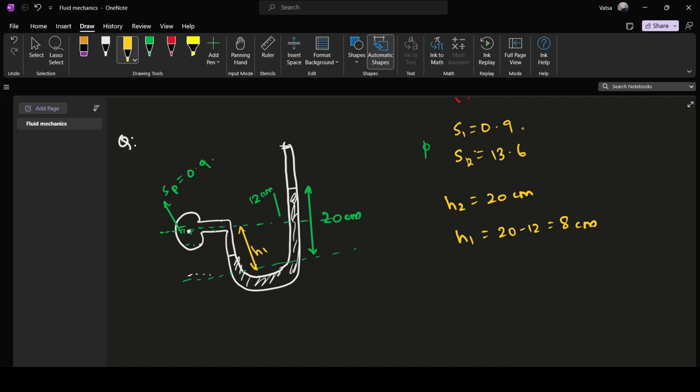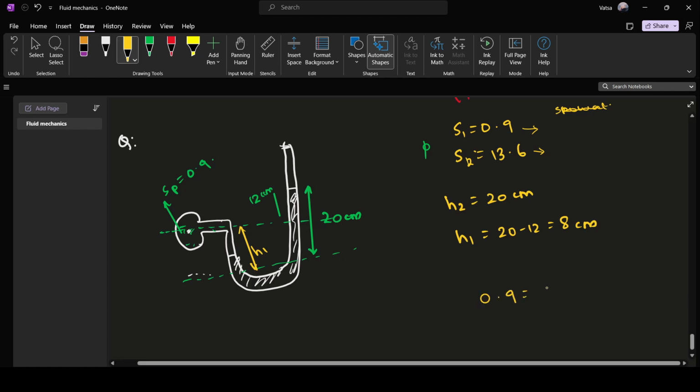So how do you calculate density from specific gravity? Specific gravity is basically the specific weight of the given liquid divided by the specific weight of water. So 0.9 is equal to x, which is the density divided by the density of water, that is 1000.